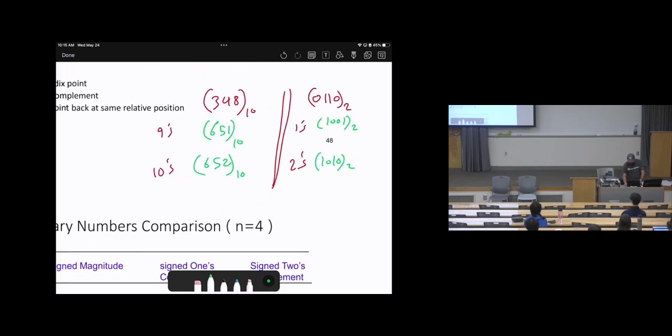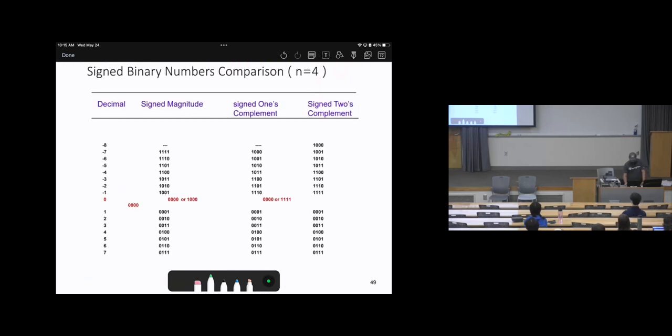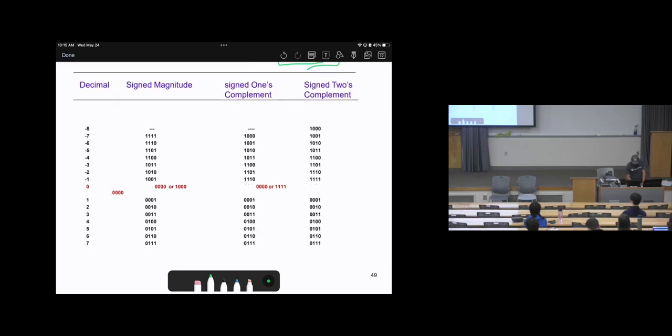That's simple. Now, this table summarizes the case when n equals 4 bits in the register. Sometimes the number of bits can be 7, 6, 5, whatever. This is just a demonstration for 4 bits. You will see that for the positive numbers, there is no change. The only change is in representing the negative numbers.